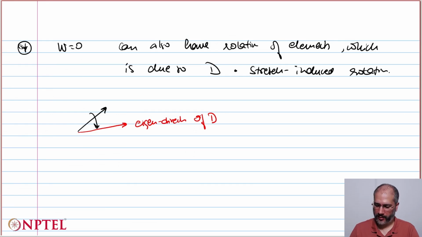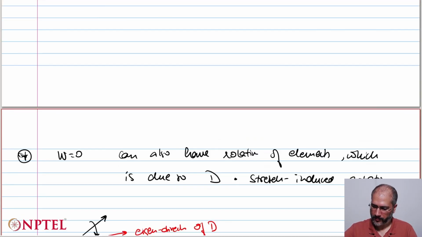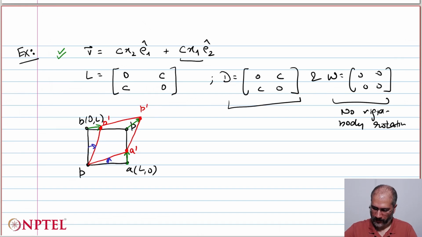So the flow field becomes very interesting. What you have to do is find the eigen direction. Let's say the eigen direction is along this, which was the case for the second example here, as you can find out easily by taking eigen directions of this D tensor.